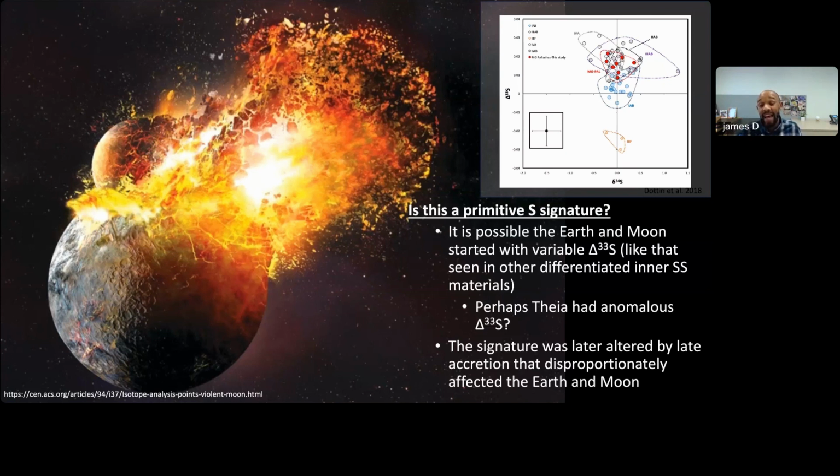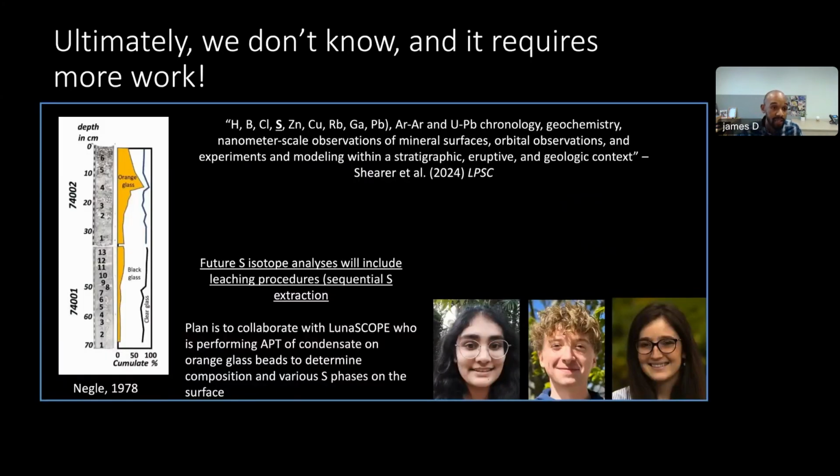And that is possibly why we see that homogeneity in the lunar basalts and heterogeneity with these lunar glasses. But ultimately, we don't know where this cap delta 33S composition associated with these orange glasses comes from. And so it requires more work.